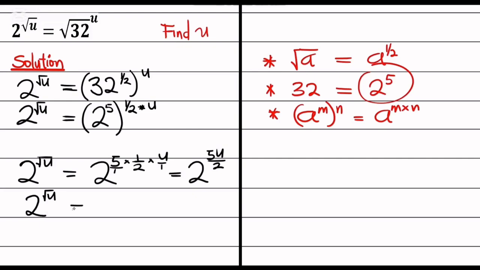At the end of the day, I still have 2 raised to the power of square root of u equals 2 raised to the power of 5u over 2. And this is where I'm going to need an index rule that says whenever I have a raised to the power of m equal to the same base a raised to the power of n, then m is just going to be equal to n.